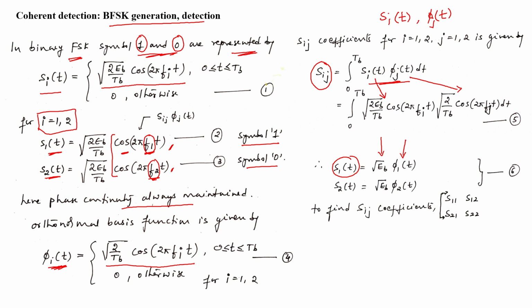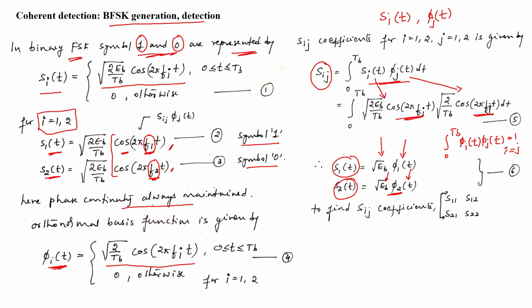Use the orthonormal property to obtain this equation, that is, the integral from 0 to Tb of phi i of t phi j of t is equal to 1 if i is equal to j, otherwise it is 0. So now S2 of t is given by this expression, phi 2 of t times square root of Eb.